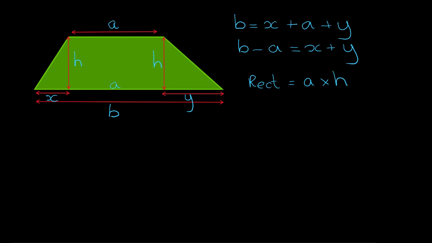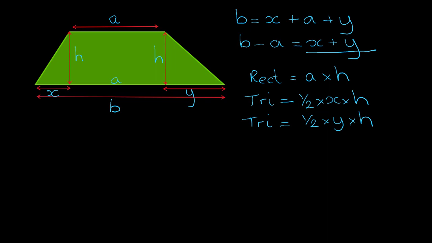Now let's look at these triangles. They're right angled triangles, and the formula for the area of a triangle is a half times the base times the perpendicular height. So for this first one over here, we've got a half times X times H, and for the second triangle on the right hand side, it's going to be a half times Y times H. If we add all of those together, we'll get the area of the trapezium.